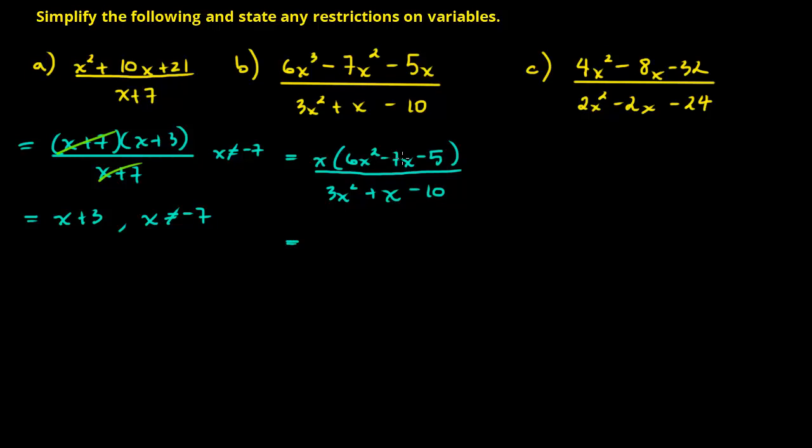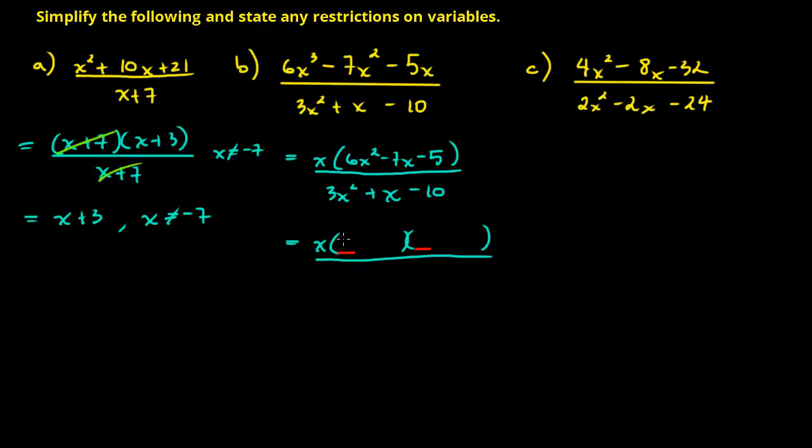Now, 6x squared minus 7x minus 5 and 3x squared plus x minus 10, we've got to try to factor. And we can factor using guess and check. So first, let's factor the numerator. So these two terms I know have to multiply to get 6x squared.